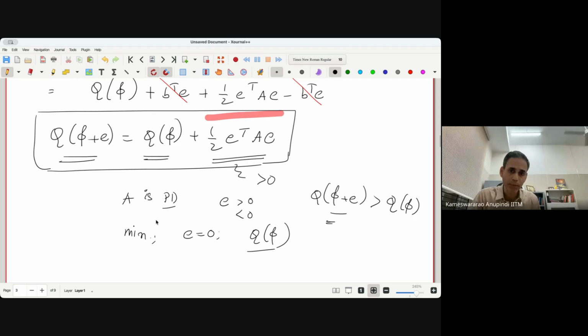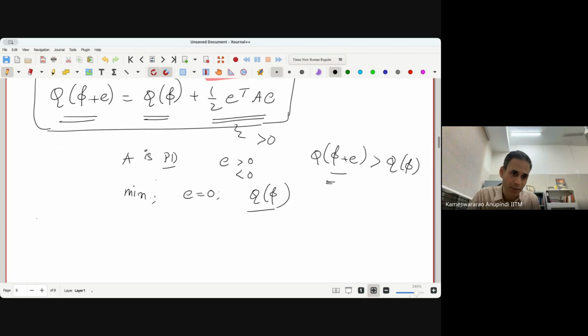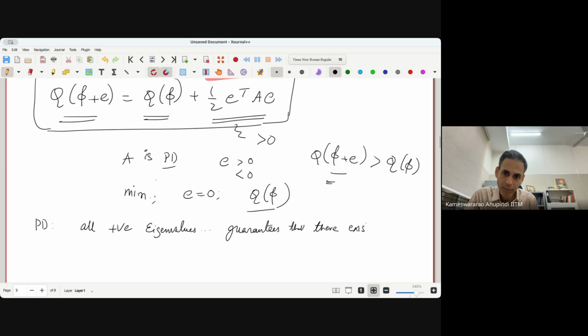Okay. And we also know that a positive definite matrix has all positive eigenvalues, which basically guarantees that there exists a global minimum for this function.